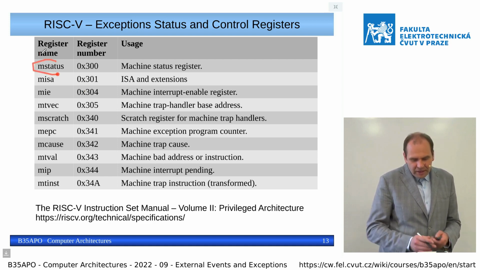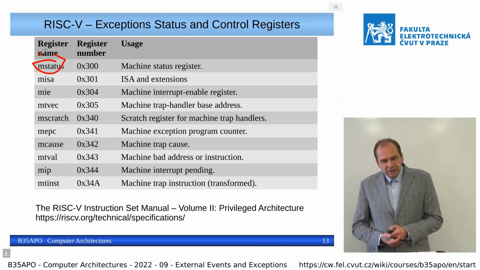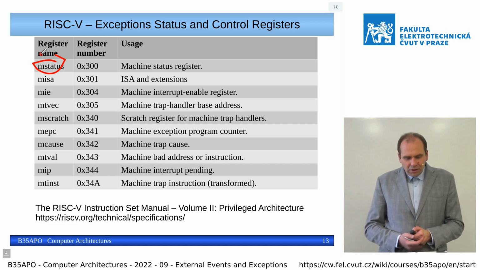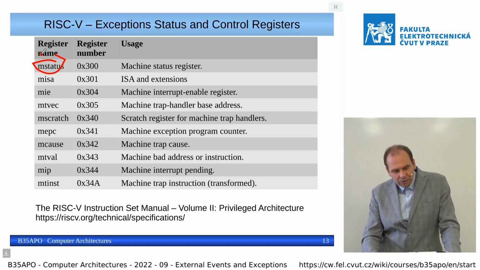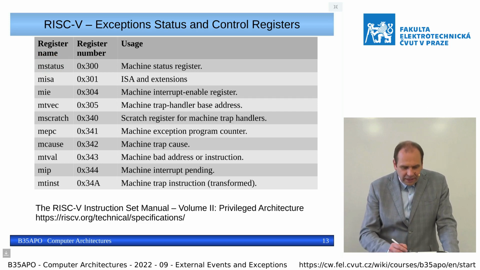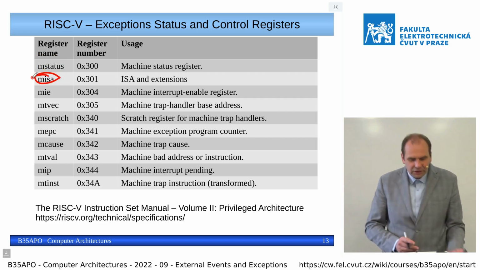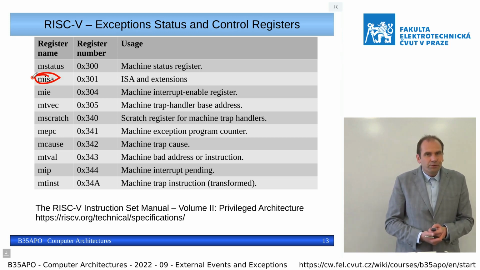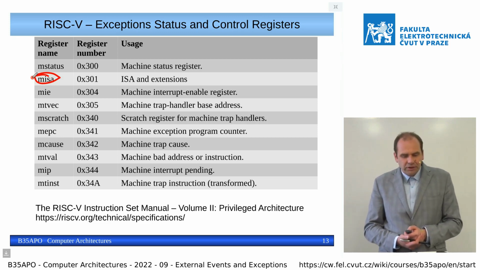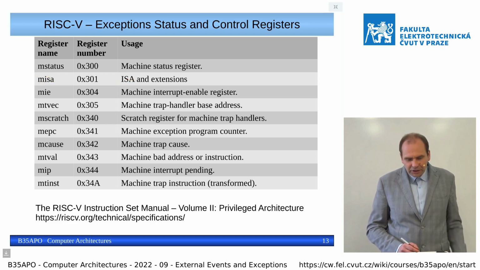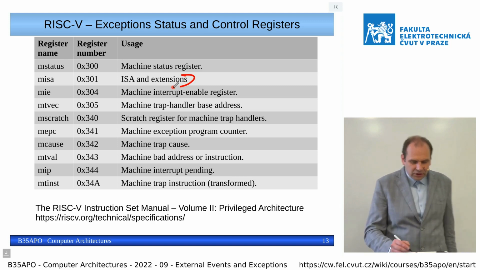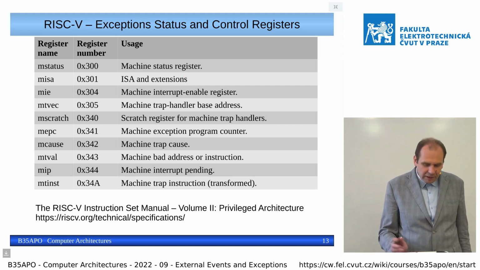So the first one is machine status. Machine status allows you to know in which modes you have been running before, allows you to mask the interrupts, and so on. Then there is another register which can be used to know the set of instruction set extensions which are active and which can be used. So this is the ISA extensions register, where each bit represents some extension.